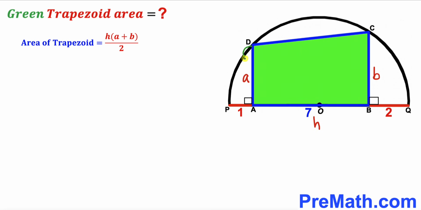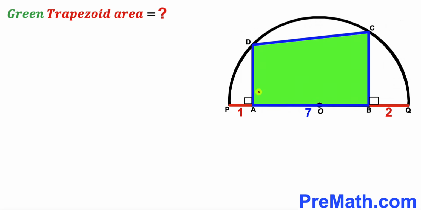The base AD length is lowercase a, whereas the base BC length is lowercase b. Now we know our height h value is 7 units. So our task is to find the value of lowercase a and the value of lowercase b before we could calculate the area of this green shaded trapezoid.